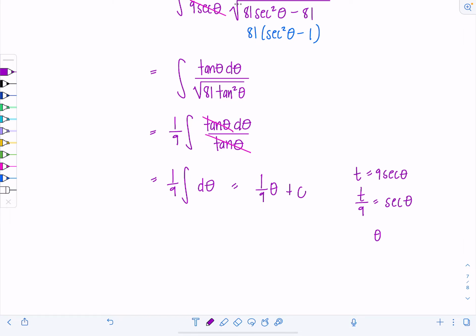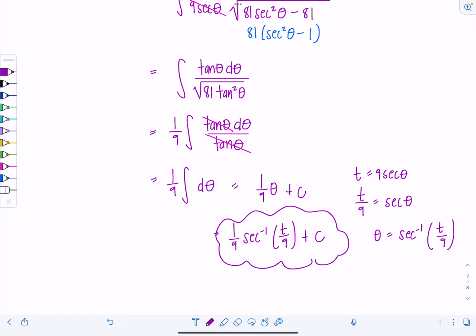And that means theta equals secant inverse of t over 9. Okay? Good. So then I can rewrite my final answer as 1/9 secant inverse t over 9 plus c.